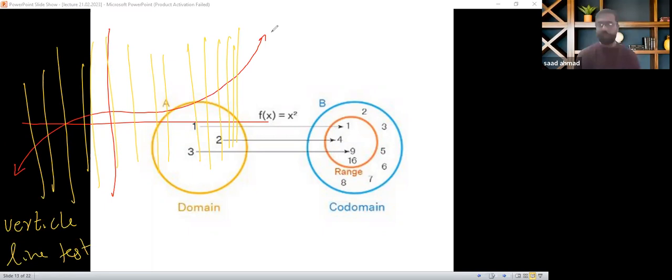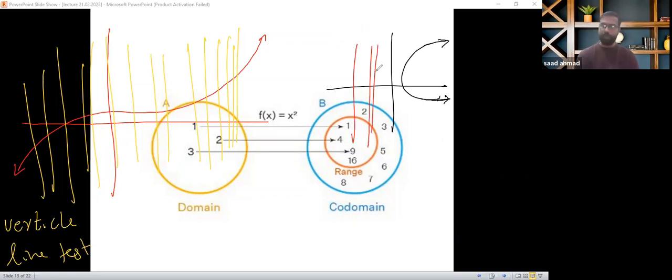Let's say I have a graph which looks like this. Now if I draw the vertical lines on it, there's no problem here. It's not crossing, not crossing, not crossing. But as I cross it here, you see it crossing the graph at 2 points. The x value is the input. This is the x.